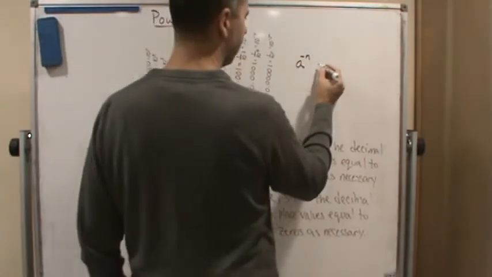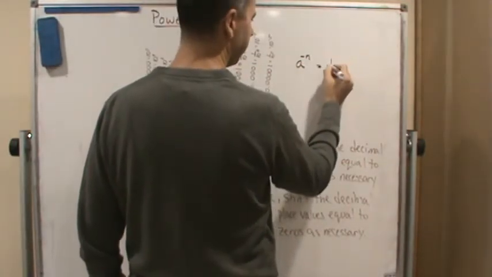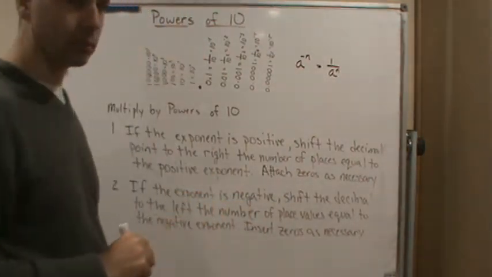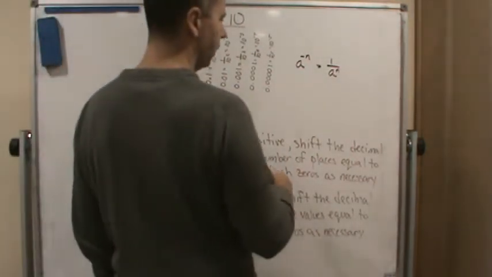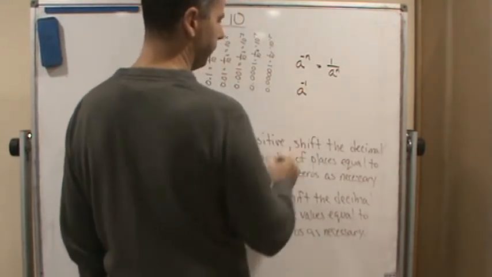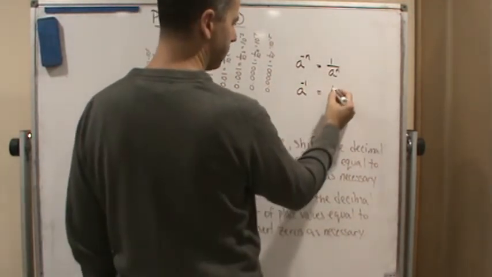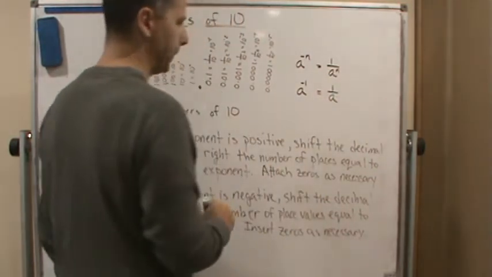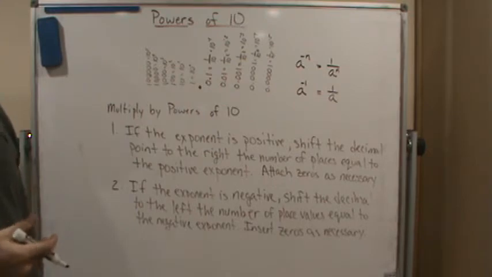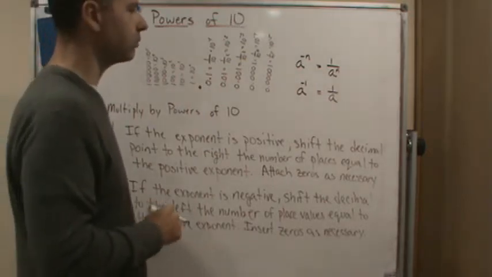So a to the negative n is the reciprocal of a to the nth power. For example, a to the negative 1 is actually the reciprocal of a. So that's where negative exponents come in too. We could write the notation differently.